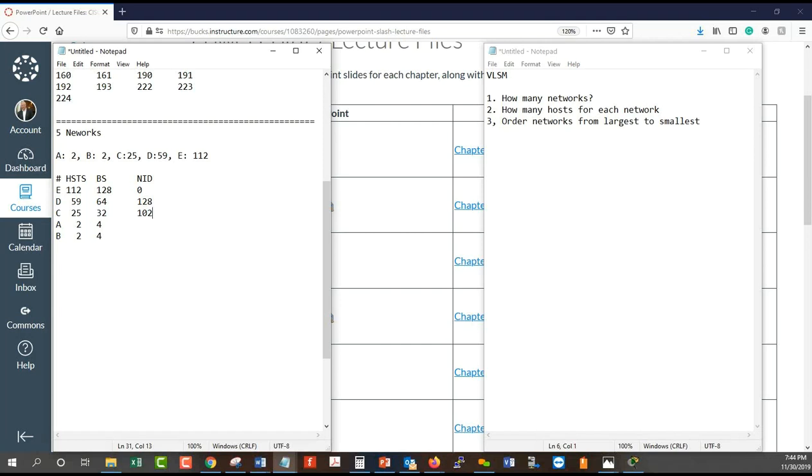How does 192 sound? Then 192 plus 32 is going to give me 224.